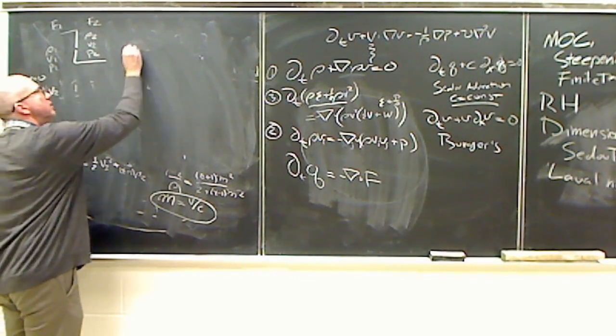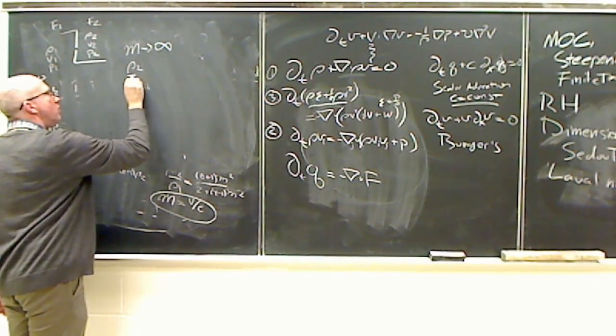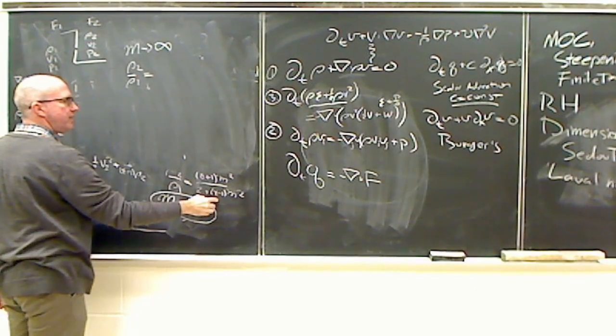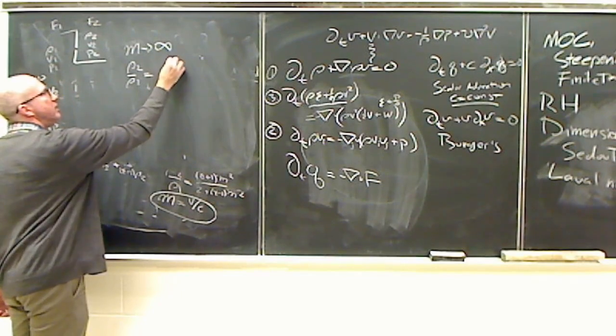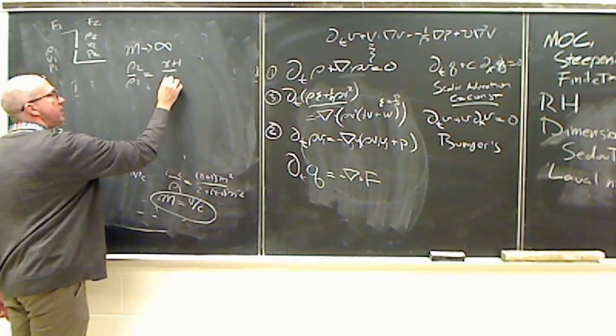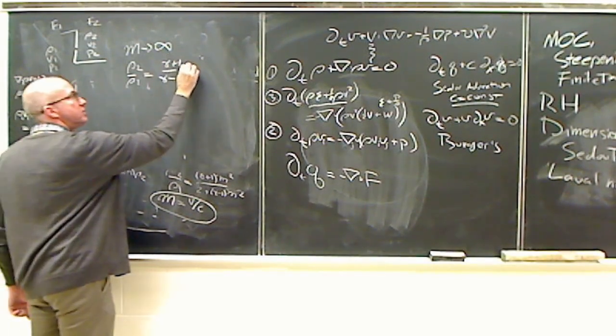So as the Mach number goes to infinity, rho 2 over rho 1 equals this over this. This 2 becomes inconsequential, and then the M's cancel out, and you're left with gamma plus 1 over gamma minus 1, which if you plug in 5/3 for this, you get 4.